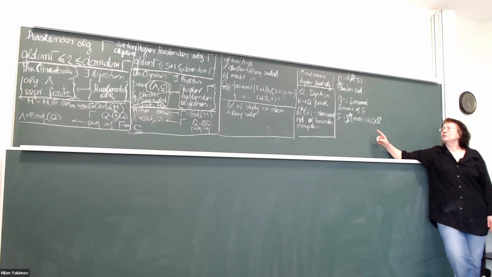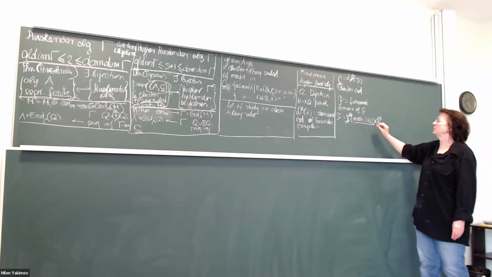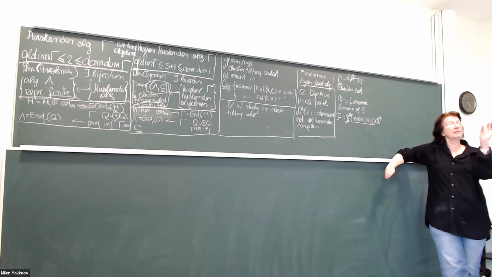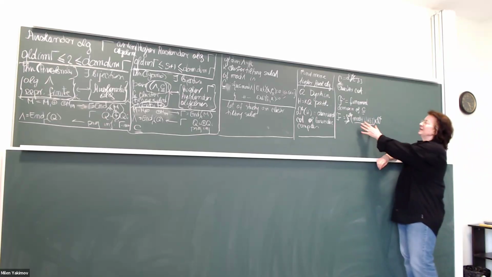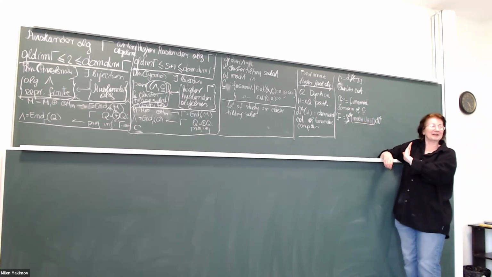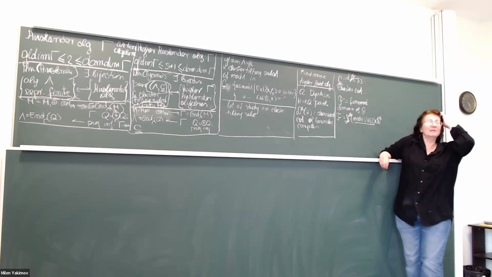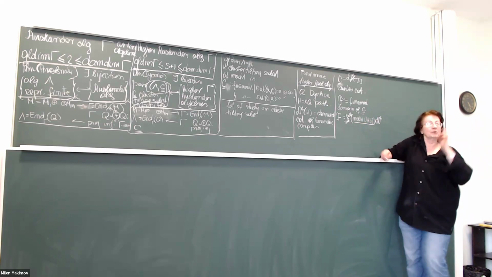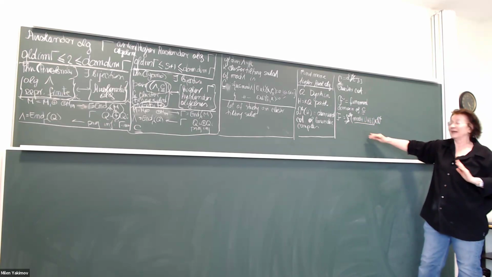So this collection of objects here, we're going to look at them. They're in the derived category. They are in this full subcategory, and they're also up in the cluster category. I'll come back to this again.